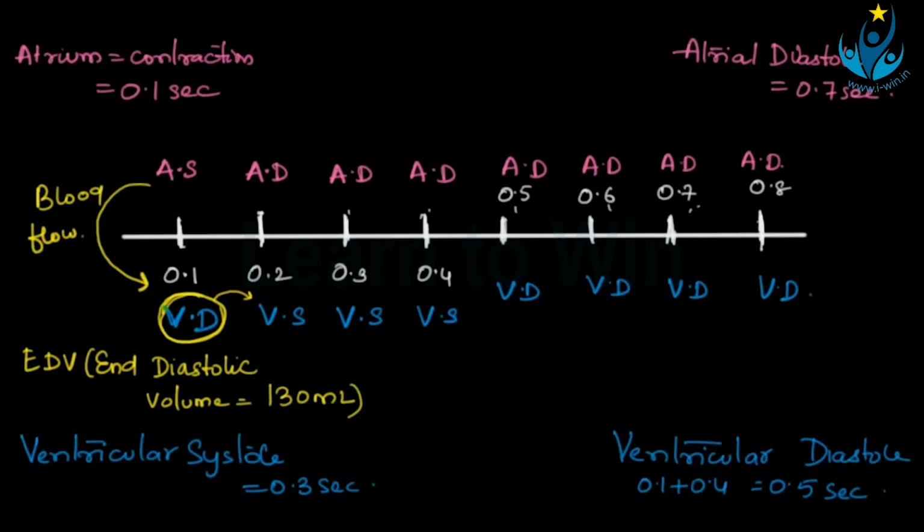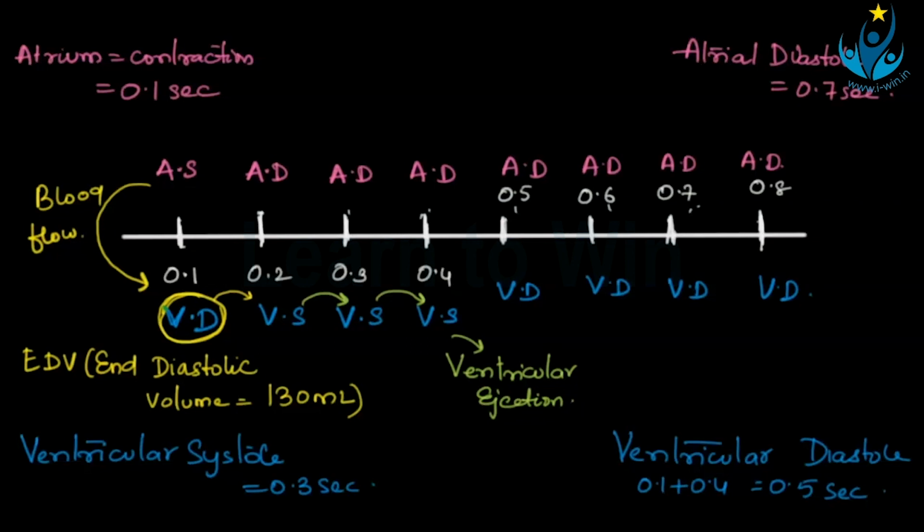Now, after some time, you have the ventricular contraction, and finally the ventricular ejection. That means some amount of blood is pushed into the pulmonary trunk and the systemic trunk. So the ventricles have pushed away the blood.